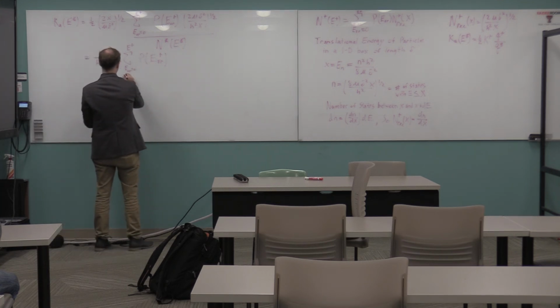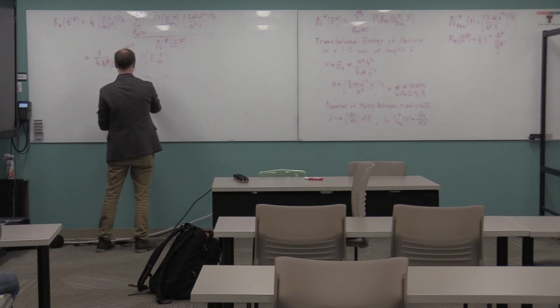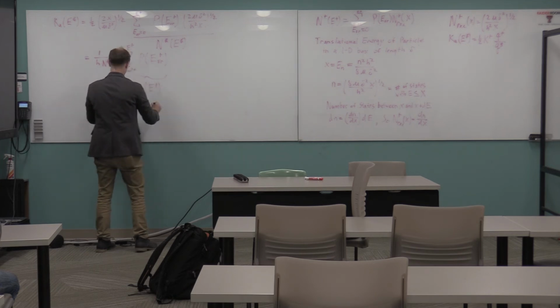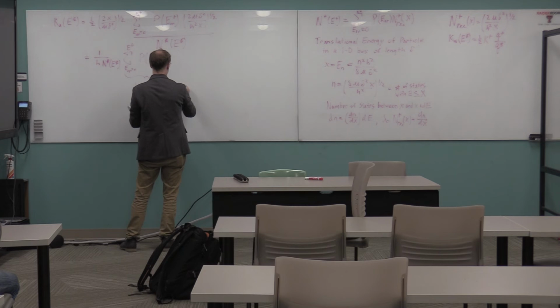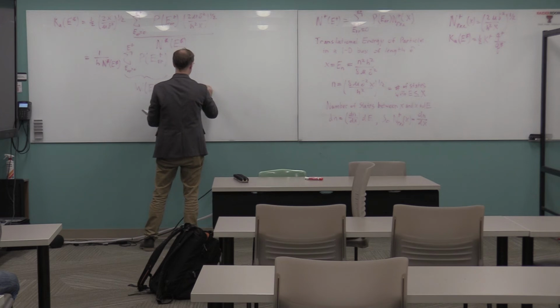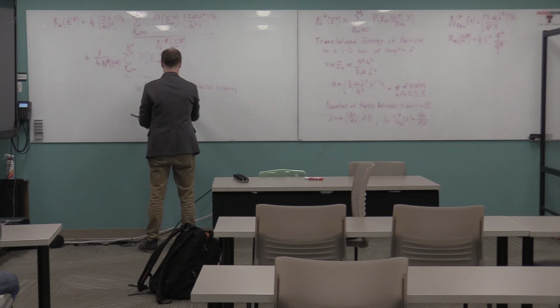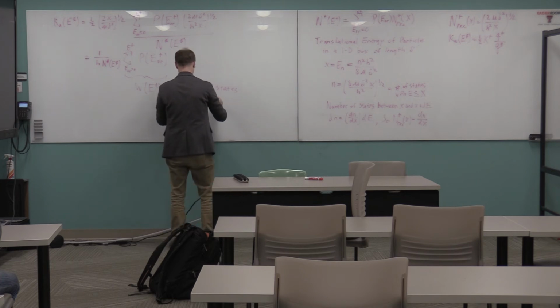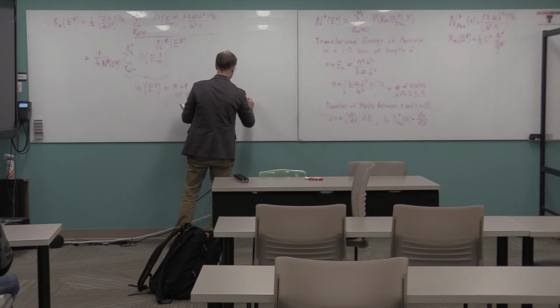Okay, and so this summation has a special name in RRKM theory. This is just called W of E plus. And the interpretation of W is quite simple. It's just the number of vibration rotation states of the activated complex with energy less than or equal to E plus.